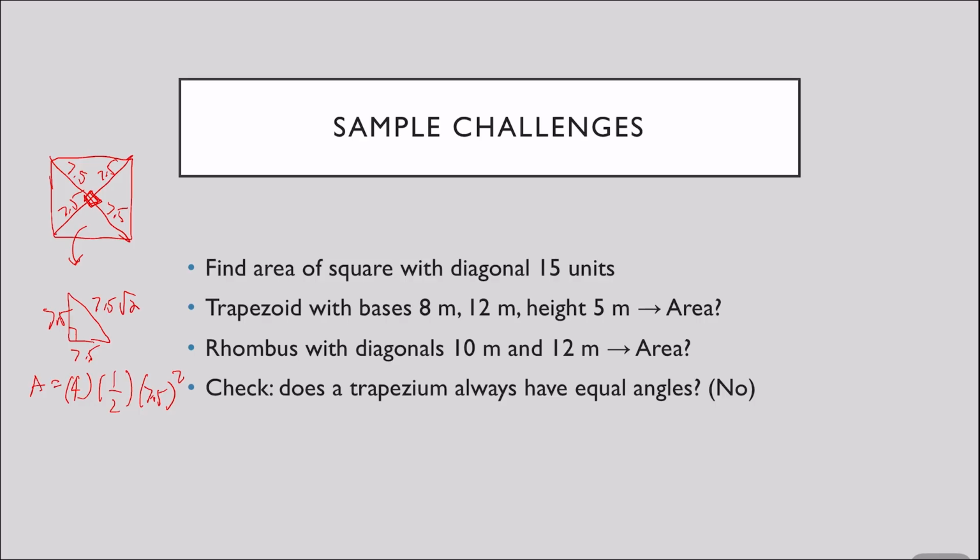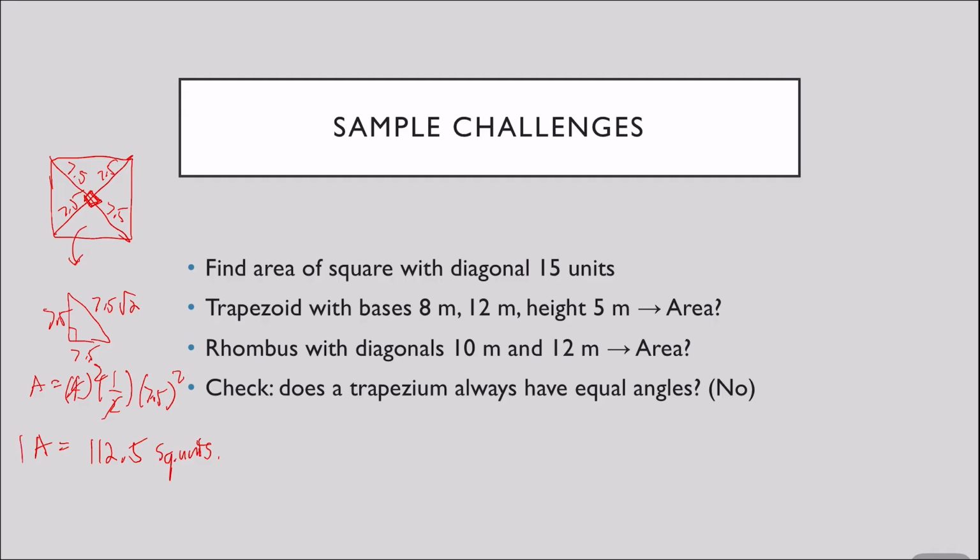So we can cancel this out. This becomes 2, and then 7.5 squared will just be multiplied by 2. When you multiply 7.5 by 7.5, we get 56.25, and then you multiply it by 2. So this will get you to an area of 112.5 square units.